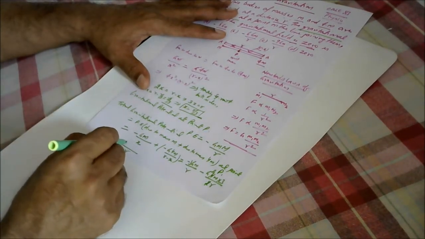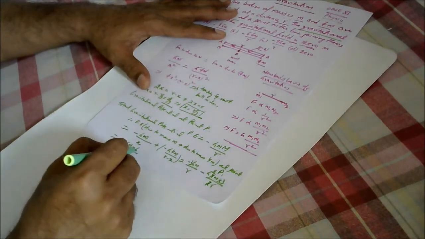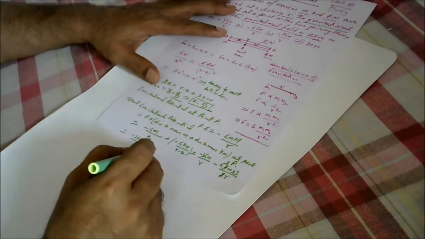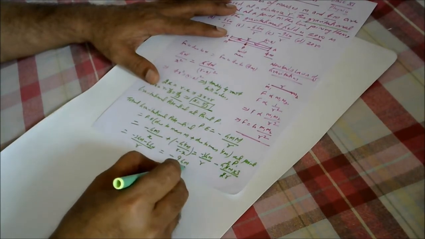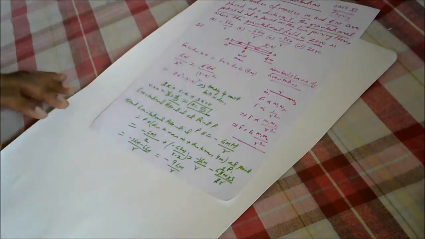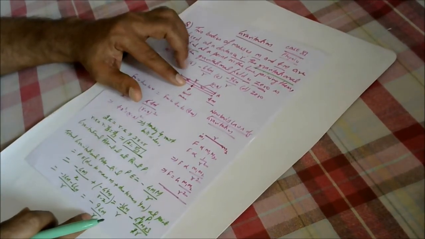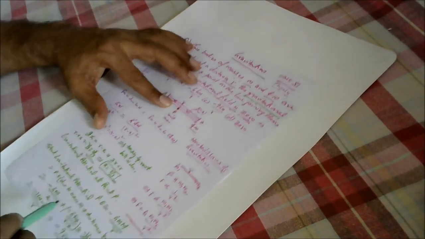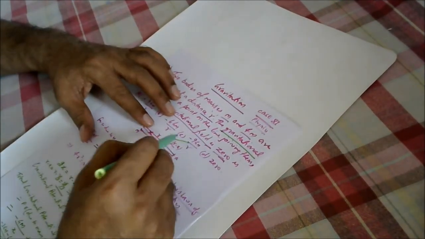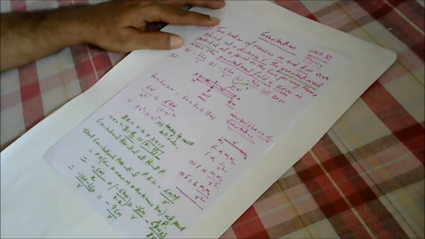So minus 3Gm and minus 6Gm give minus 9Gm by r. So the total potential at this point P, where the gravitational field is 0, is minus 9Gm by r. So our answer will be this one, minus 9Gm by r.